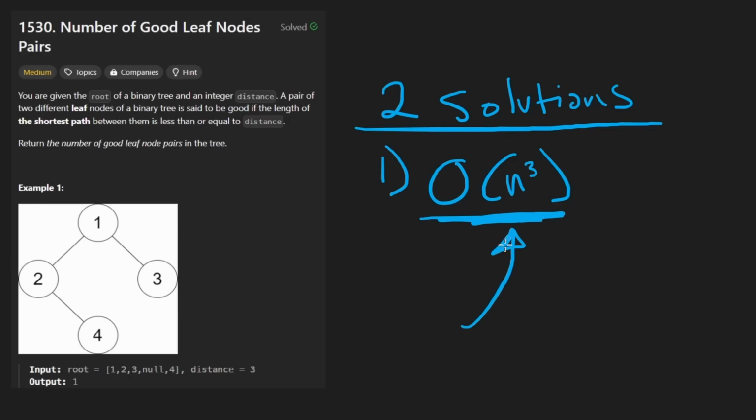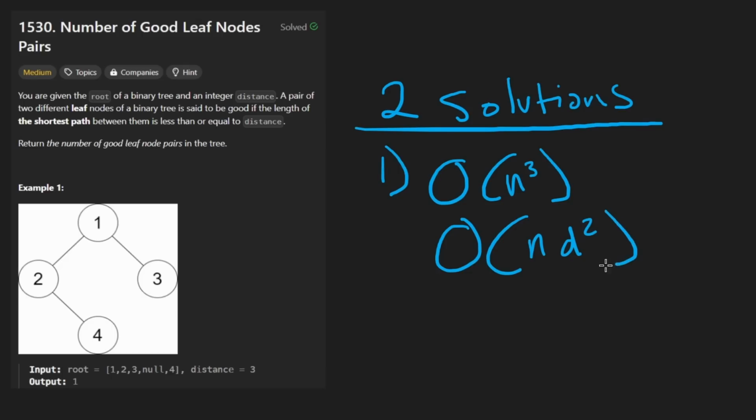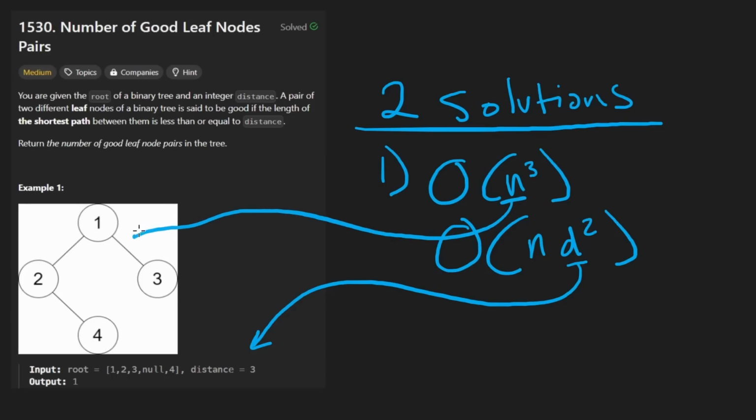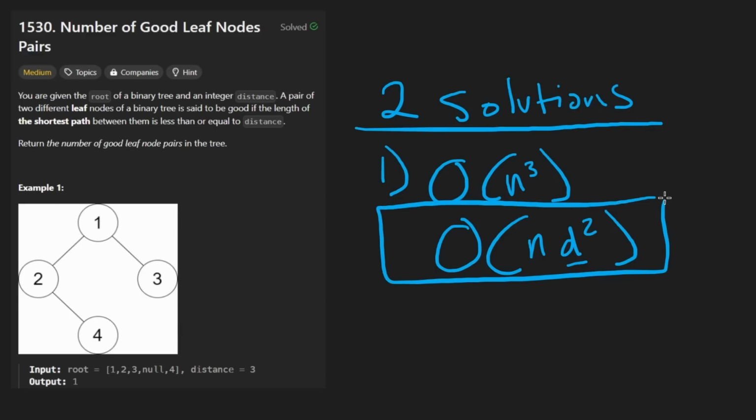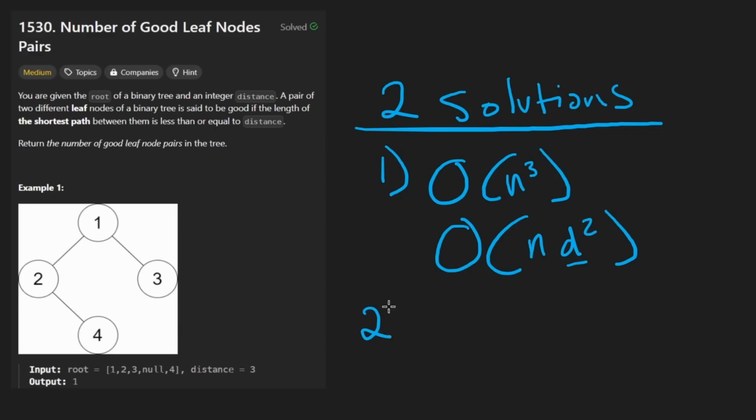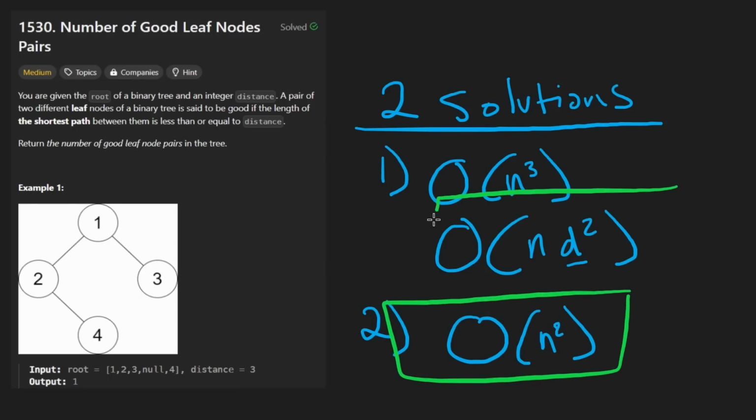Technically, this is a valid upper bound, but when you get more precise, we can show that the real complexity of that solution would actually be something like this: n times d squared, where d is the second parameter. By the way, n would just be the number of nodes in the entire tree. So this would be the time complexity of the first solution, the one I'm going to show you. Now, the second solution is actually an n squared solution. So it's kind of not clear which one of these is technically more efficient.